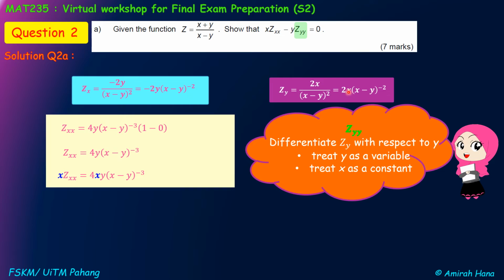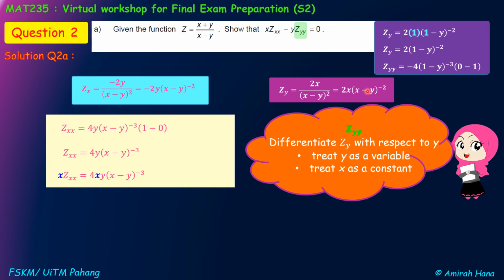To explain how to find zyy, we differentiate from here. Let's say we assume our x now equals 1, because x is a constant. So let's say we replace x equals 1 in zy.